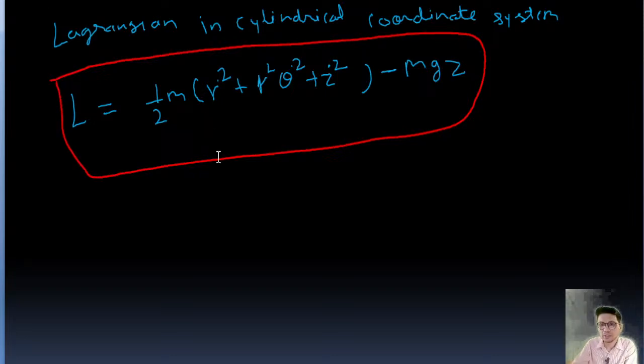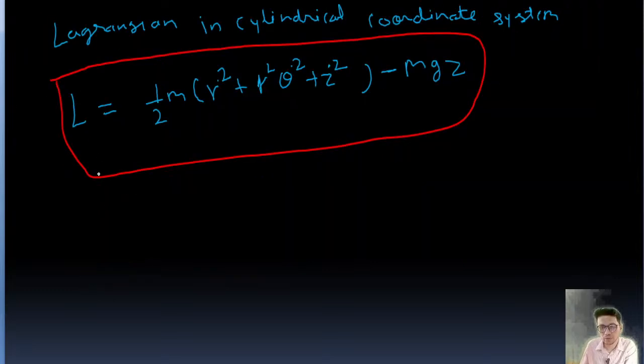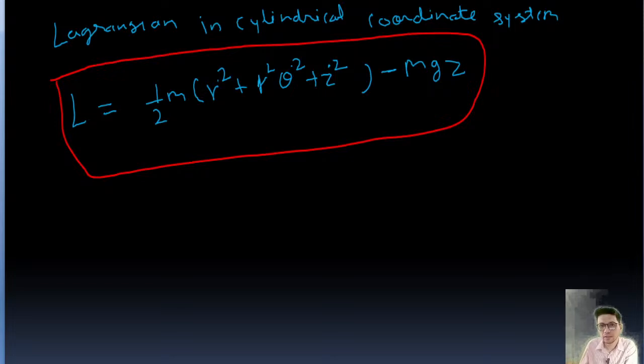Now we have been given this constraint, the equation of the inner surface of the paraboloid: x square plus y square equal to az.